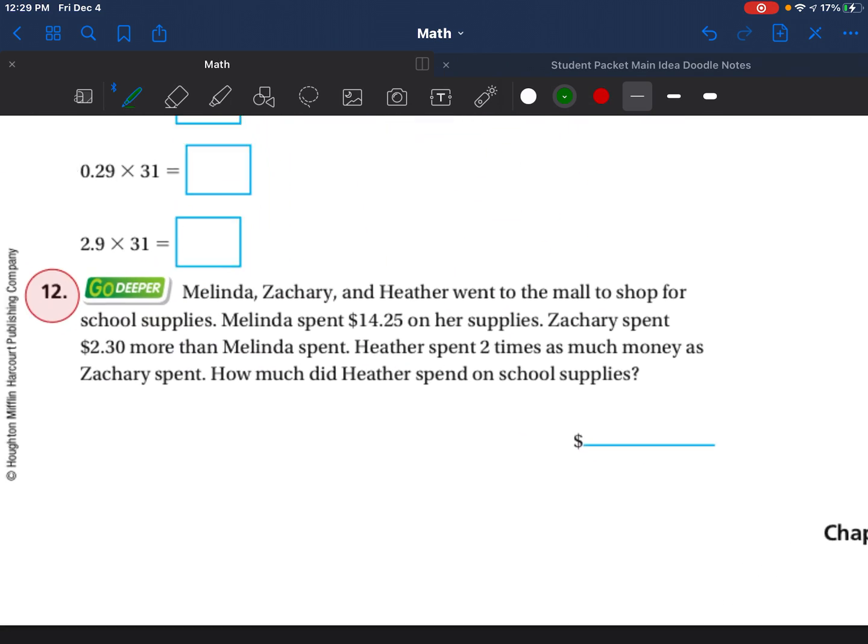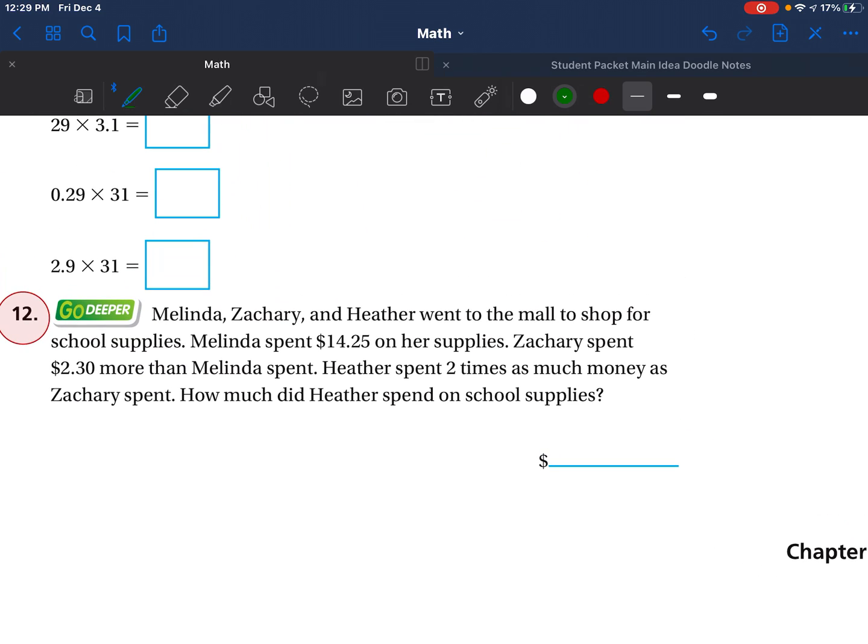Okay, and number 12. Melinda, Zachary, and Heather went to the mall to shop for school supplies. Melinda spent $4.25 on her supplies. Zachary spent $2.30 more than Melinda.